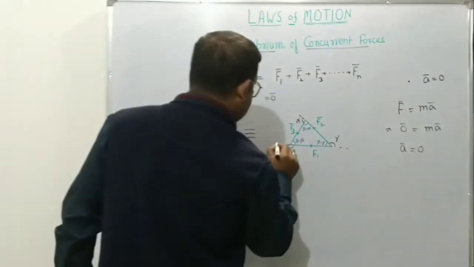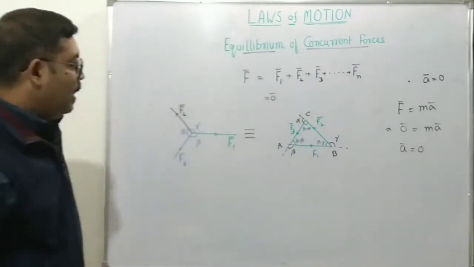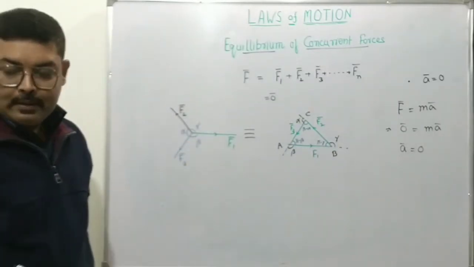In that case, in this triangle, say ABC, if we apply the law of sines, what do we get?